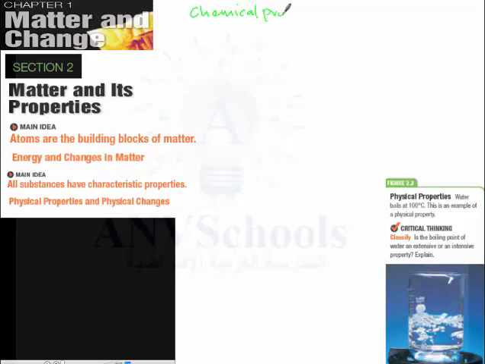Chemical properties and chemical change. So when we are looking at chemical properties and chemical change, what are we looking at here?